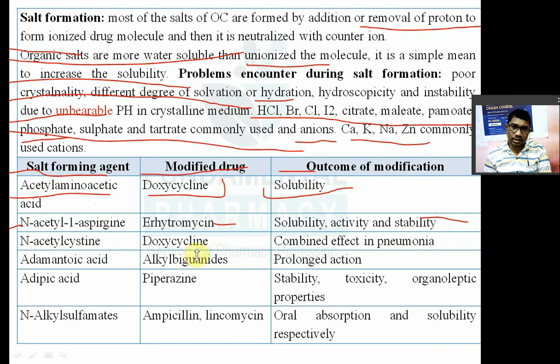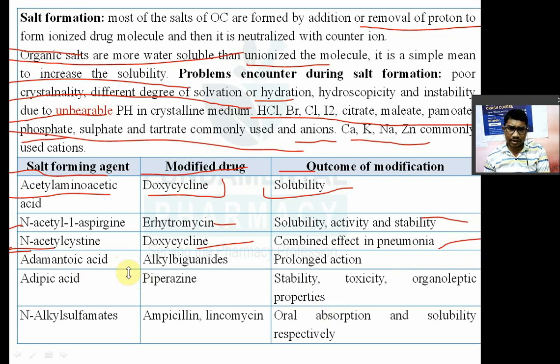Again, doxycycline forms a salt with N-acetylcysteine, giving a combined effect in pneumonia. Doxycycline acts as an antibacterial agent in pneumonia, and N-acetylcysteine breaks down the mucus in the respiratory tract. So it is a synergistic effect.